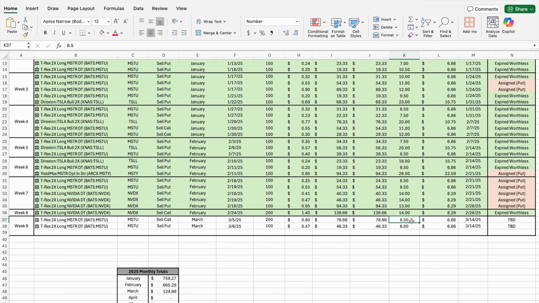And then that buyer can turn around and sell those 200 shares for $10 a piece, and they would pocket the difference. So I did open the call. MSTU went high enough for me to sell those two call contracts at an $8.50 strike price. I received $78.66 for selling that contract. And again, that contract expires next Friday on March 14th.